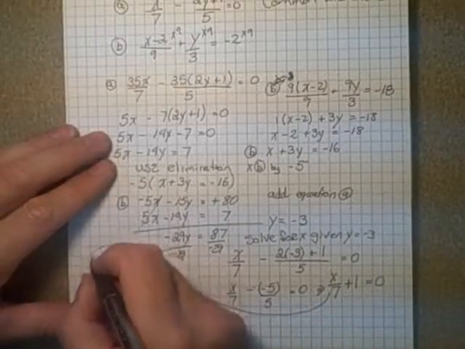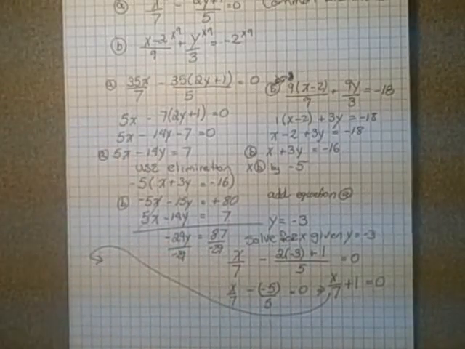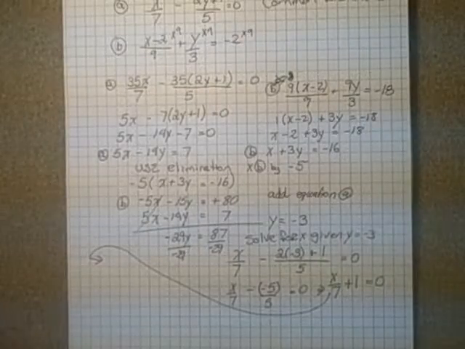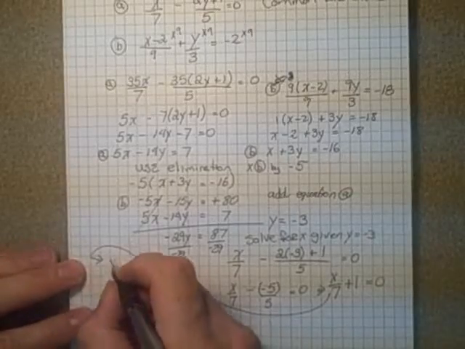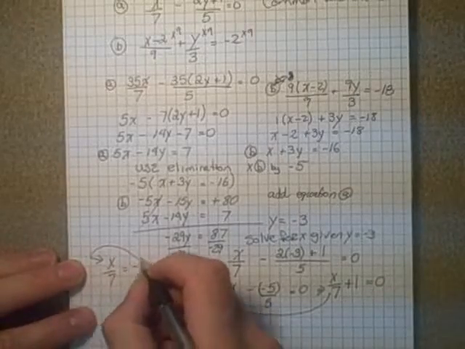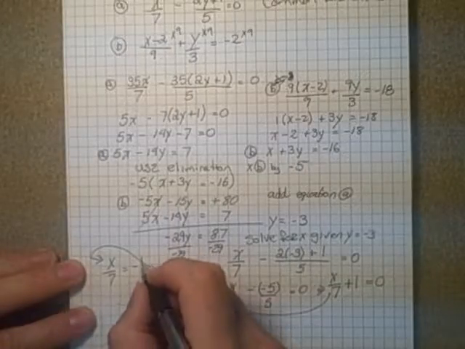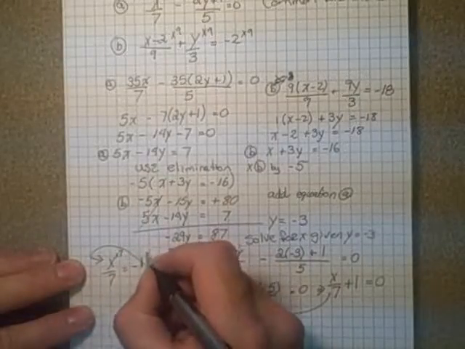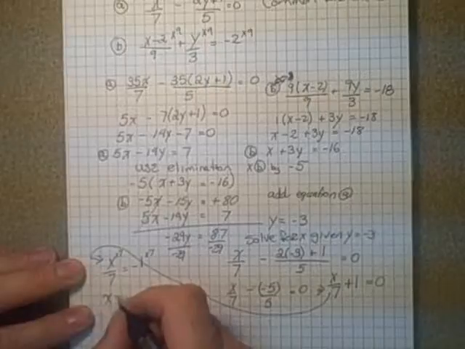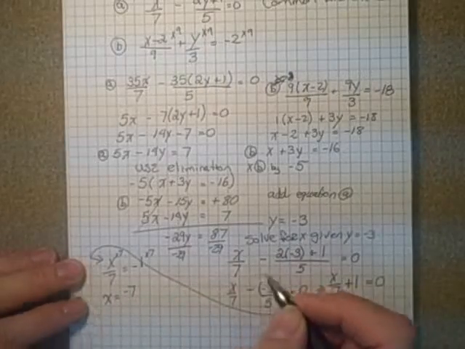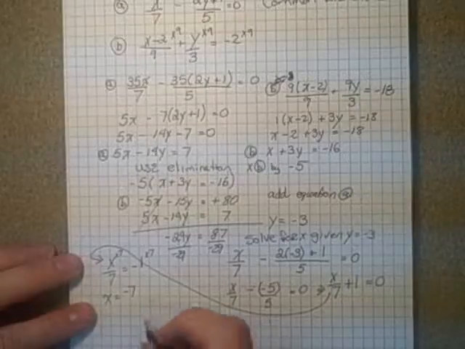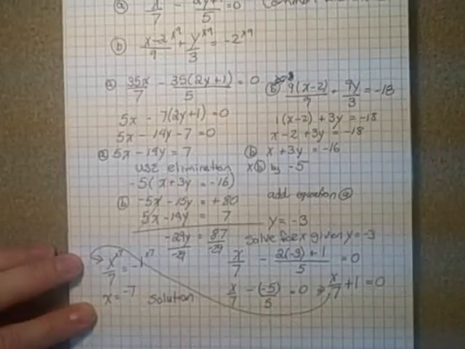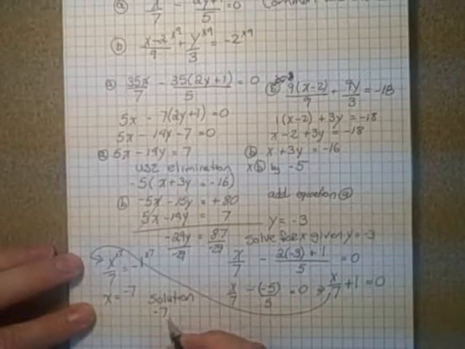This then becomes x over 7 is equal to negative 1. Okay, so we can solve by multiplying both sides by 7. So x is equal to negative 7. So our solution turns out to be negative 7 and negative 3.